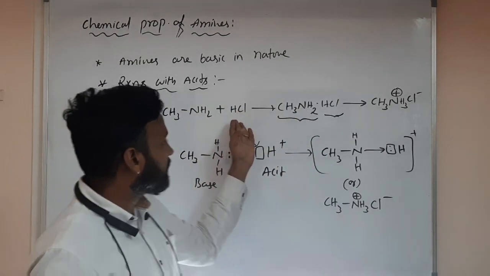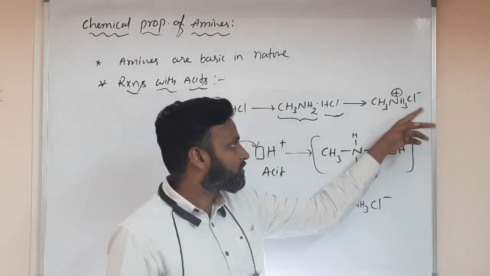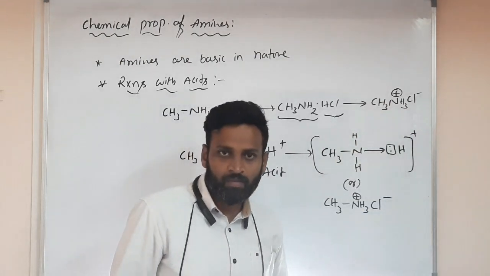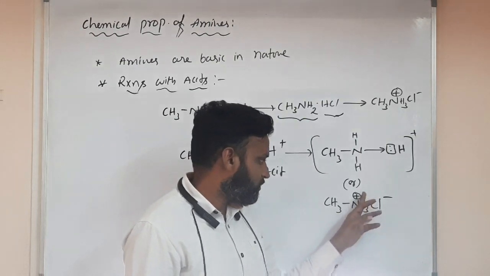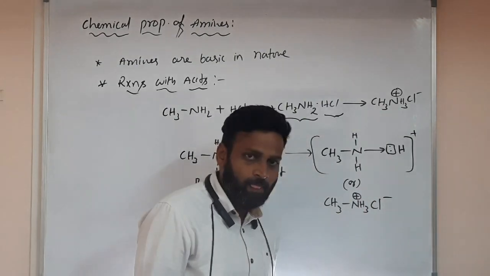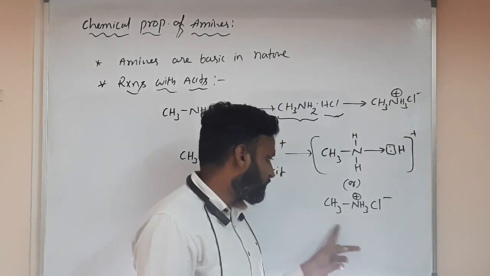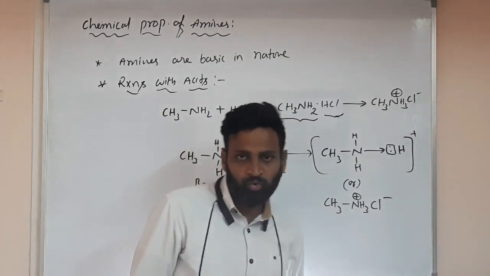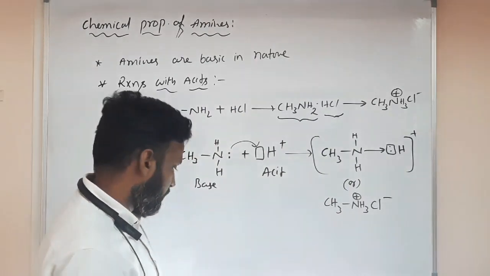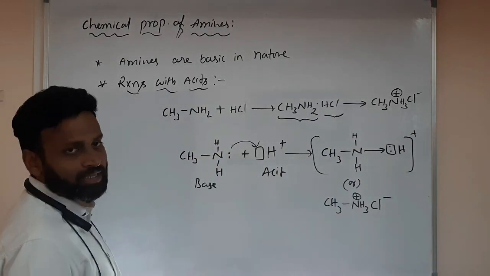If you take sulfuric acid, SO4 2 minus, we have to take 2 moles: CH3NH3 plus whole twice and SO4 2 minus. So this is the reaction with acid.